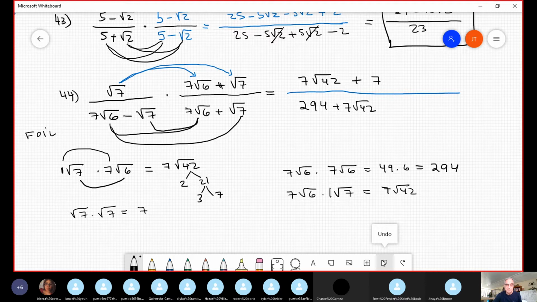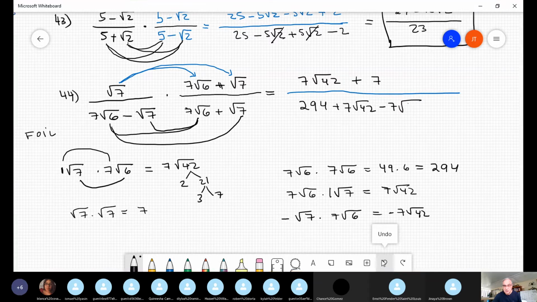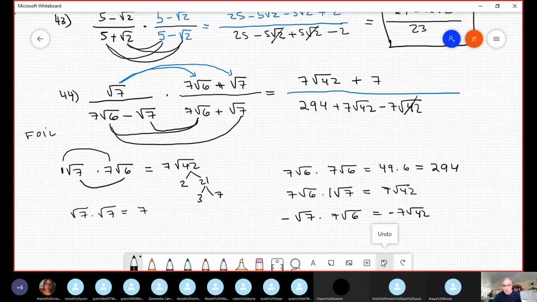The inner product is minus radical 7 times 7 radical 6, it's minus 7 radical 42. It's expected, because I know that when you multiply by the conjugate, the radical disappears. This and this say goodbye. Now finally, last is radical 7 times radical 7, of course, minus 7.